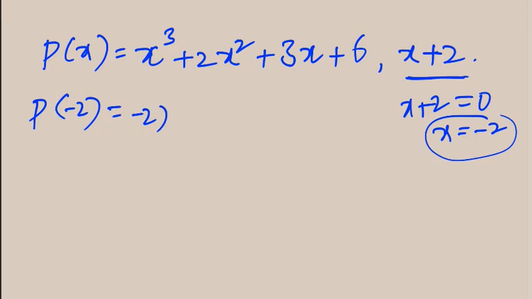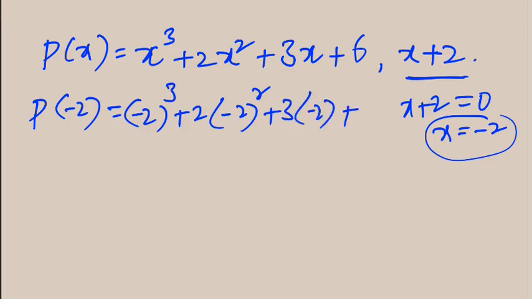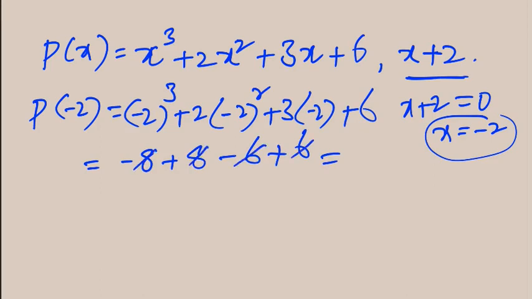So minus 2 whole cube, plus 2 into minus 2 whole square, plus 3 into minus 2, plus 6. After simplification I get minus 8, plus 8, minus 6, and plus 6. Minus 6 plus 6 cancel, minus 8 plus 8 cancel, and finally 0 is the remainder. So the value of p of x is 0 when x is minus 2.